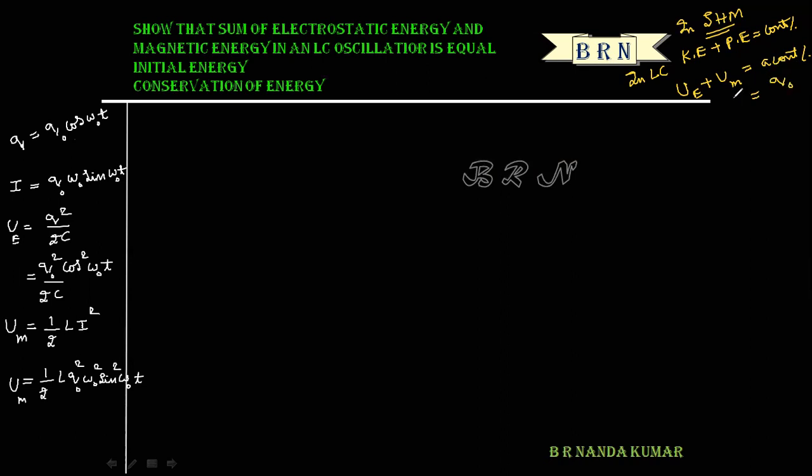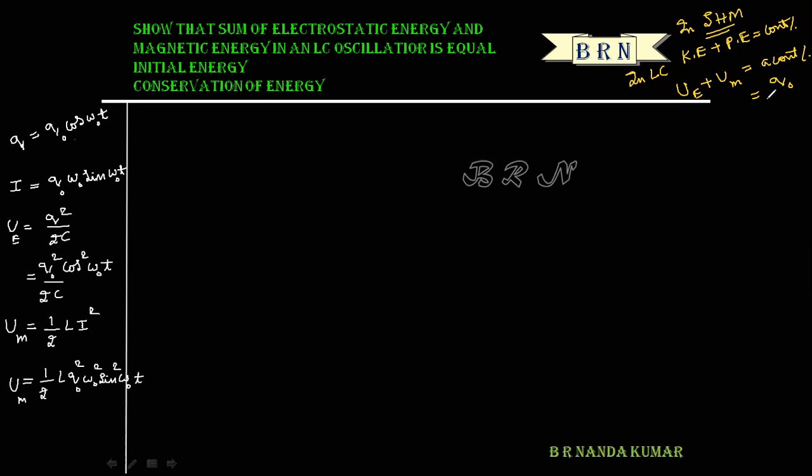Actually in an LC oscillator, at time t is equal to 0, the charge on the capacitor is maximum, that is the peak value of charge, Q naught, and the current flowing through the inductor is equal to 0.